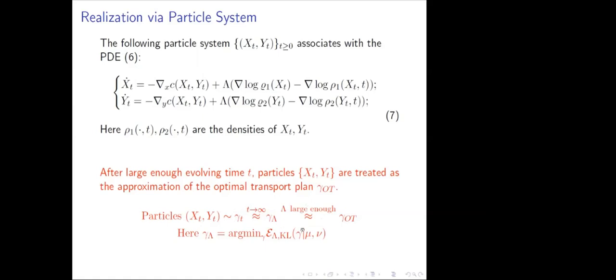And since we have proven the consistency theorem, when lambda is large enough, this gamma lambda, as the minimizer of the epsilon functional, can be treated as a valid approximation of the optimal transport plan gamma OT. So as a result, the large number of particles xt, yt can be treated as an approximation of the optimal transport plan.